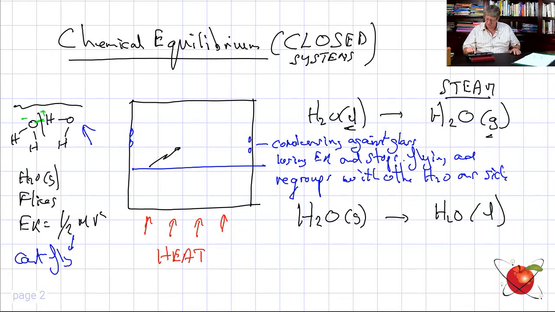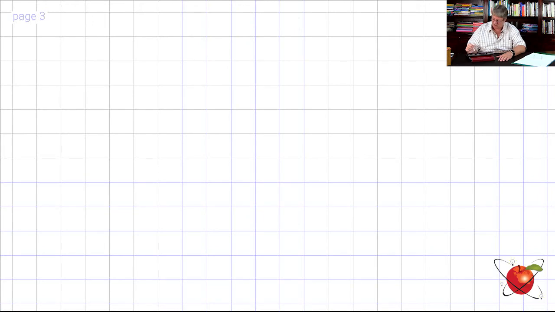Okay, H2O as a liquid. So, there comes a point. If you now had it closed, all right, what have we got here? Okay, we have in essence created a pressure cooker.